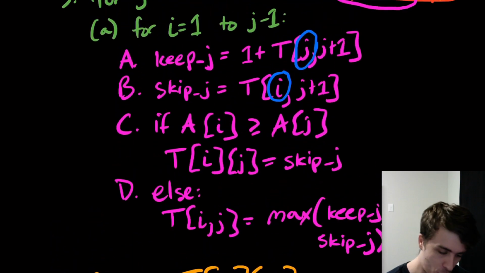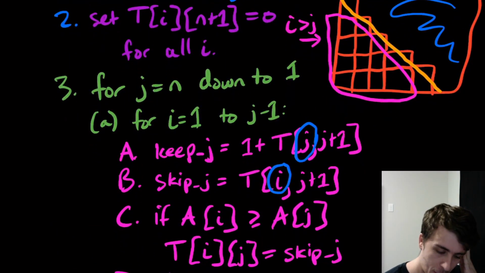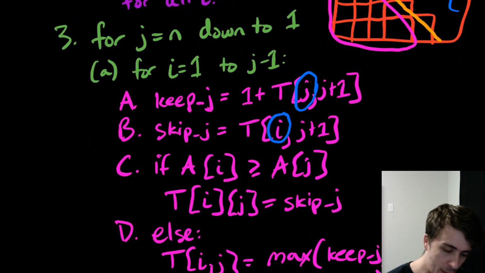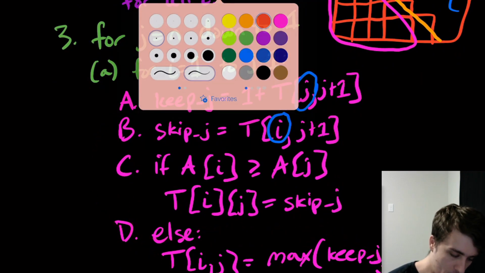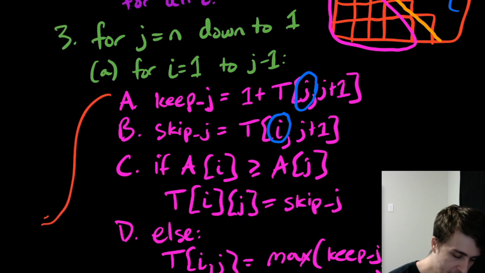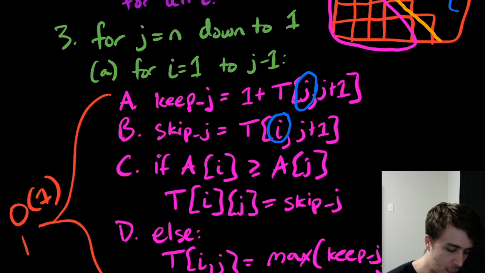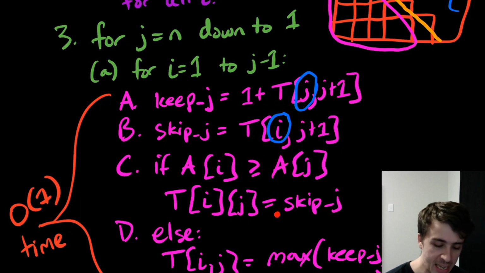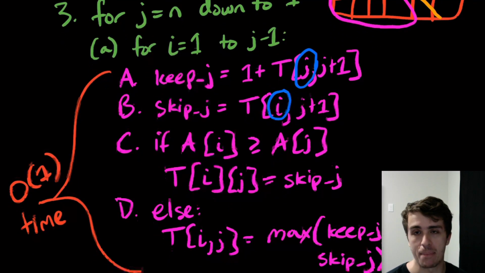So, okay, what is the runtime of this? Well, it's pretty clear that each of these steps right here in the middle will take constant time because they're just setting entries into the table and taking maxes of things.